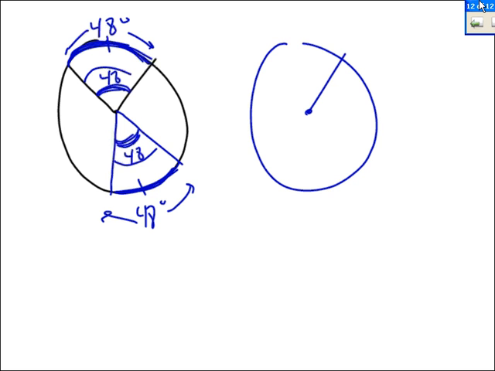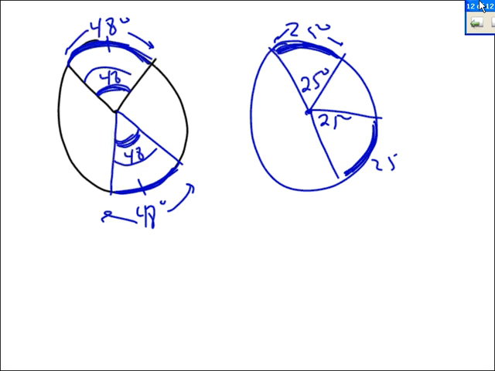If you have two central angles that are the same, 25 degrees and 25 degrees, then the arcs that they cut off have to be congruent. Of course they are. They're both 25 degrees.